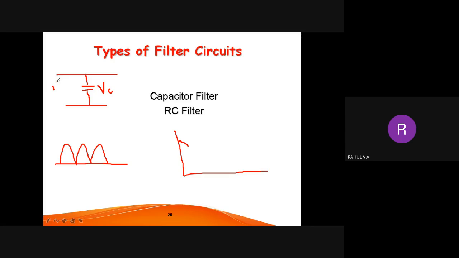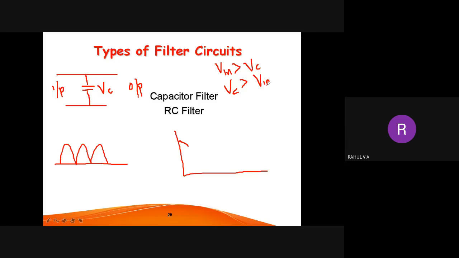One is the input voltage. Then on this side you have the output voltage. When V in, that is the input voltage, is greater than VC, the capacitor will charge. When VC is greater than the input voltage, the capacitor will discharge. That is the main concept you have to know when this filter circuit is explained.